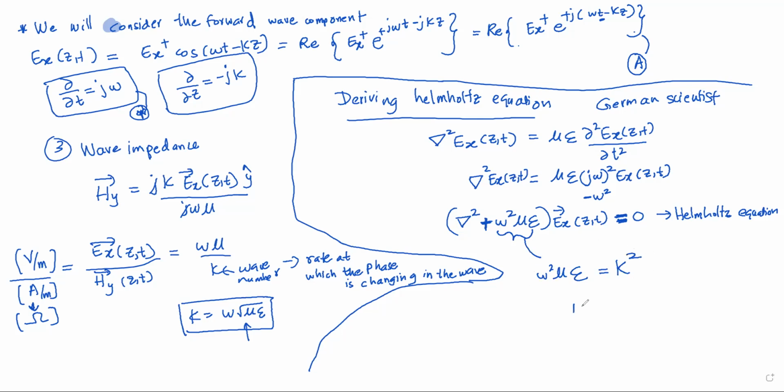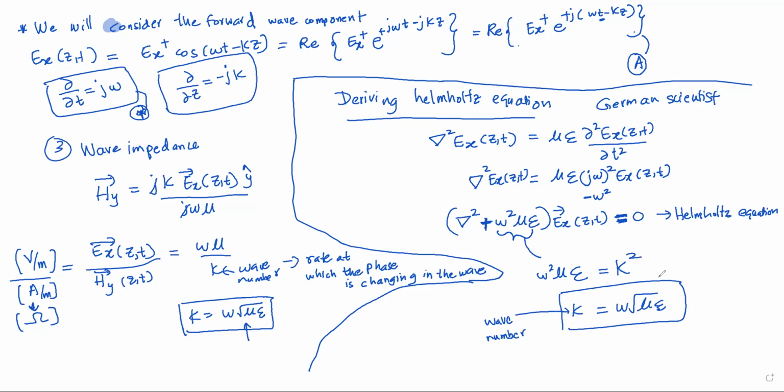So the value of k will be equal to omega square root of mu epsilon. This is what we define as the wave number. So that is how we got the wave number equation.